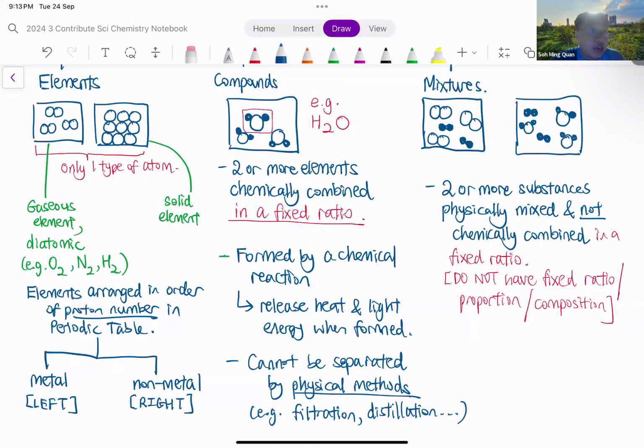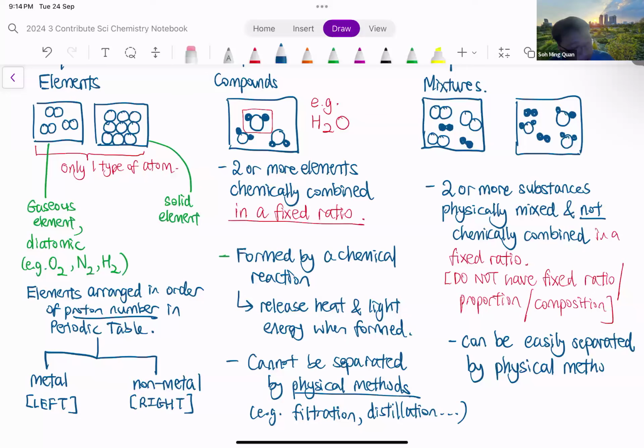And because they are not chemically combined, they can be easily separated, because they are not joined together. So we can easily separate them by physical methods. And what are the physical methods?